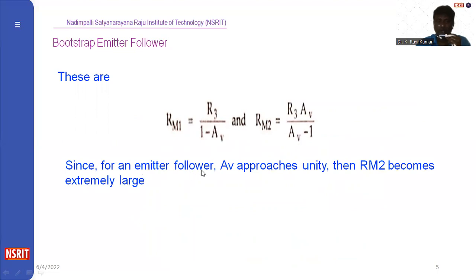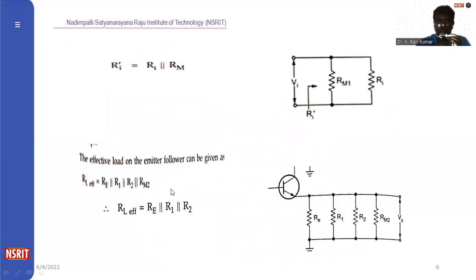Since for an emitter follower, if AV approaches unity, then RM2 becomes an extremely large value. The voltage gain for the common collector will be 1 at maximum. Suppose you replace that AV value with 1, 1 minus 1 equals 0. So RM2 goes to infinity. That will be an extremely large value.